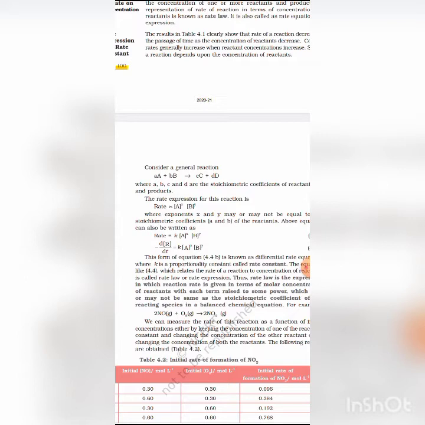When the molar concentrations of A and B equal 1 mole per liter, then rate equals K. So rate constant may be defined as the rate of reaction when the concentration of each reactant in the reaction is unity.